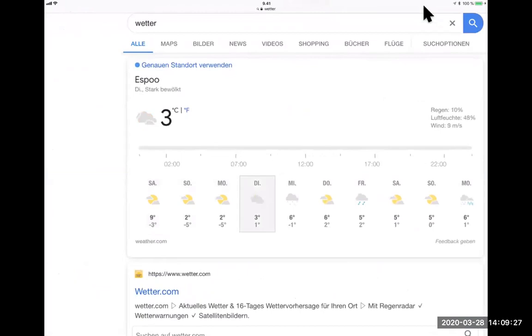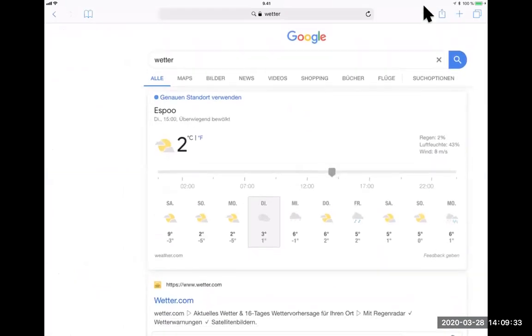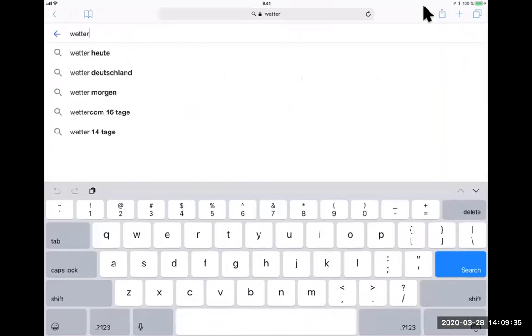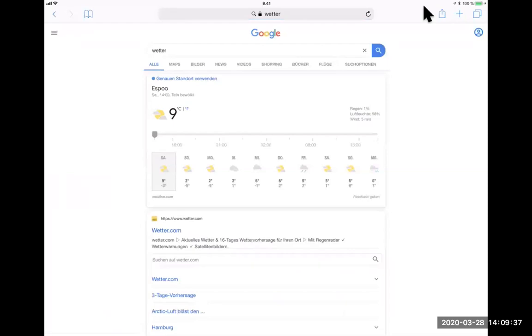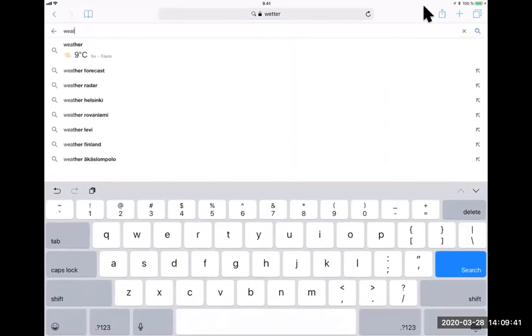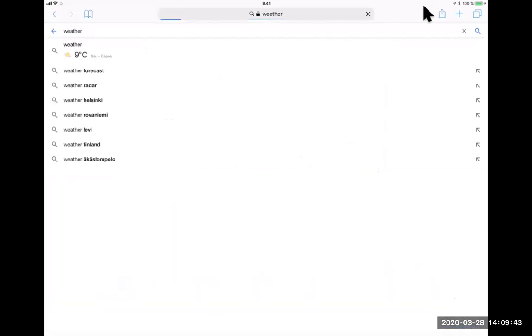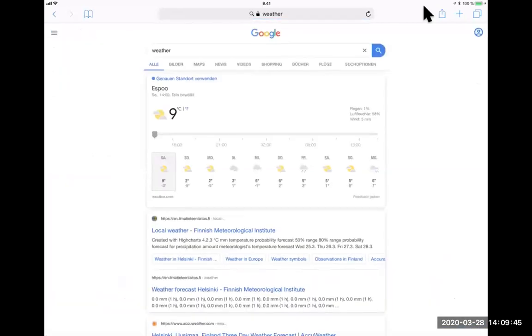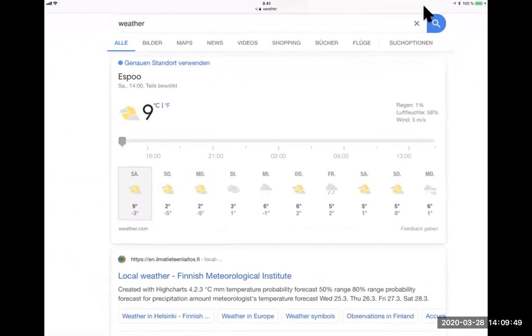This is all data that you can read in easily, for example, via Python code that accesses Google and reads out the results for the query weather. So this is in German, I'm sorry, weather. So you can do this with your Python notebook. You can read in the weather forecast by Google. And this is all data you can use as features.